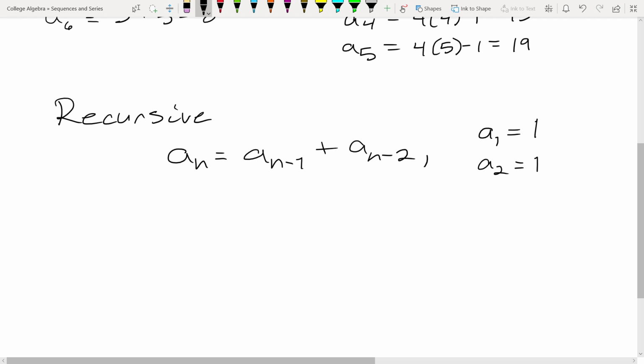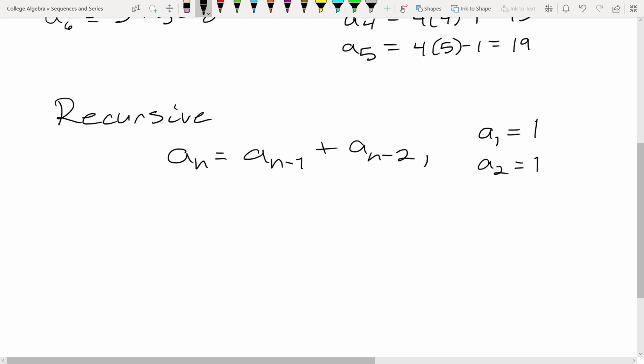We need 2 here because this one uses 2 previous terms. But we have to, so we can go on and we can find any term. The one downside about recursive is that you cannot find any term you want. You have to start at the beginning and build your way up to, for instance, the 53rd term. We can't find the 53rd term right off the bat. We have to work our way there.